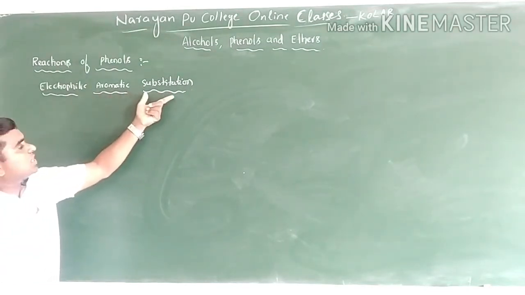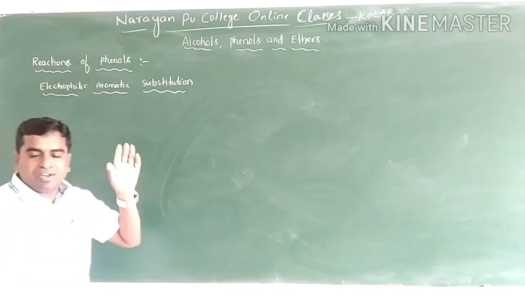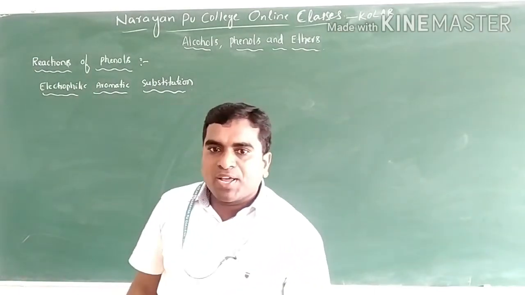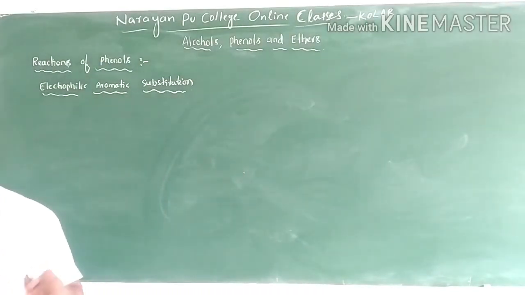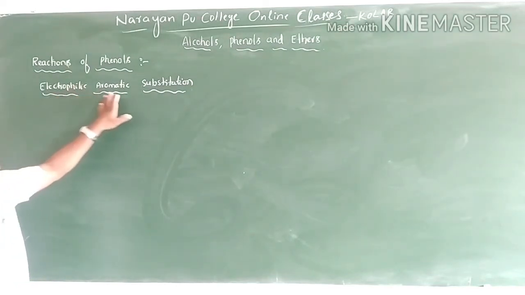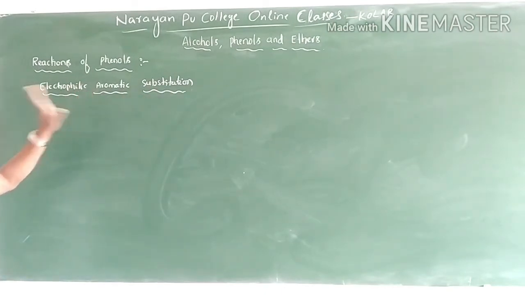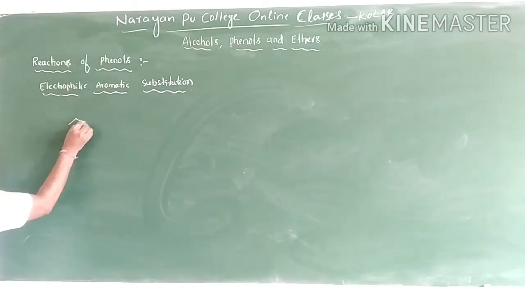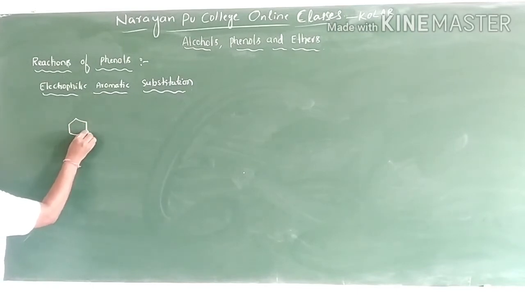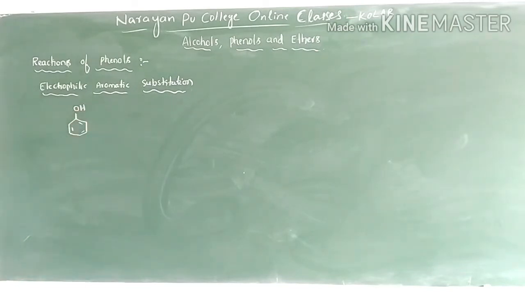Electrophilic substitution takes place on the aromatic ring, that is, the benzene ring. So if you see here, the OH group present on the benzene ring is responsible for the electrophilic substitution reaction on benzene.